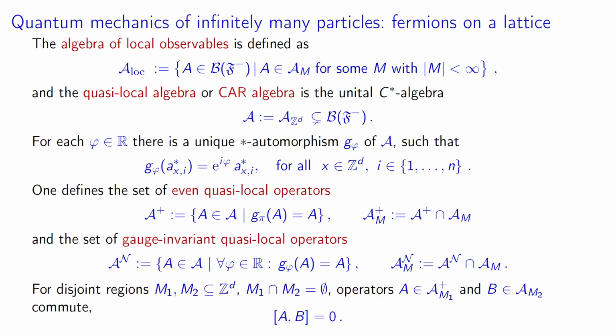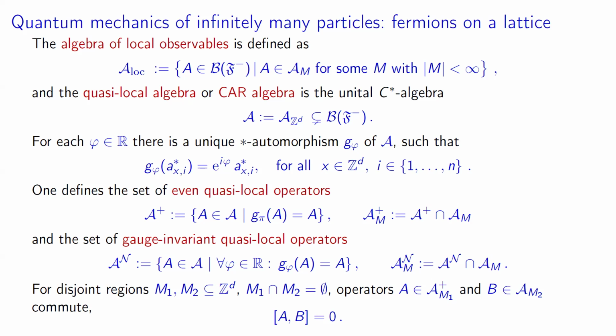Good. So what is special about these even operators is that if you have disjoint regions in space, M_1 and M_2, and one operator supported in M_1 and one operator supported in M_2, if one of them is even, then they commute.